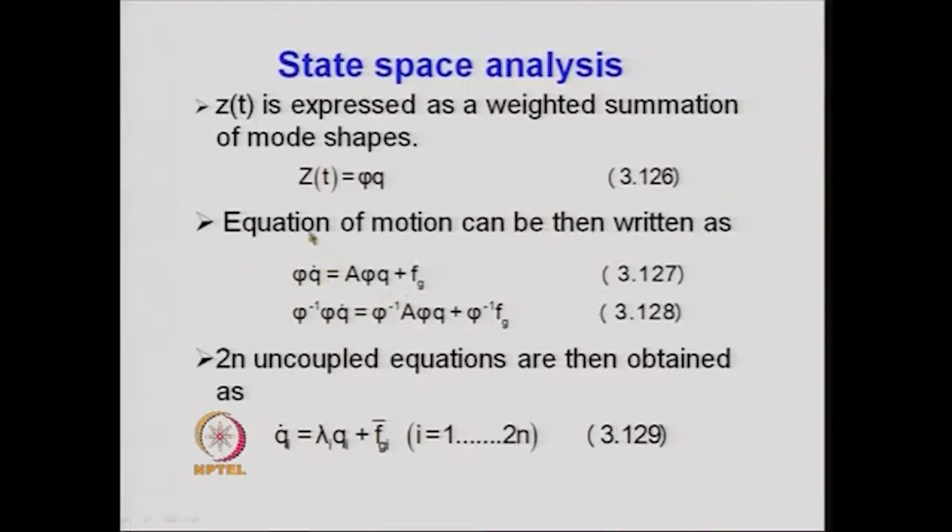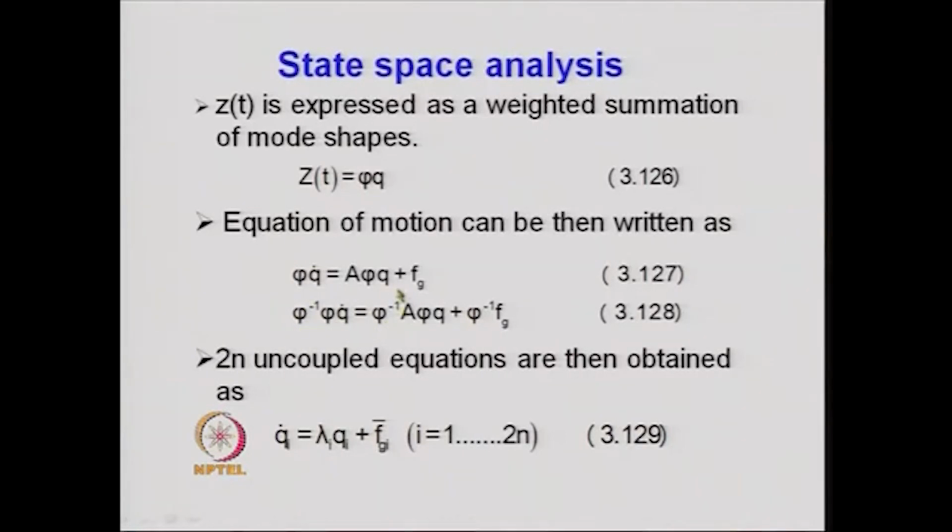So, in place of z dot we write down phi into q dot, it comes from this equation, and in place of z we substitute phi into q, and then we add on to it the Fg, that is the load vector. Then this is pre-multiplied by phi inverse on this side.